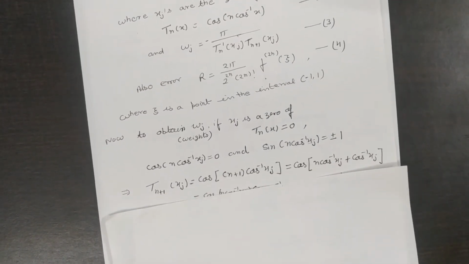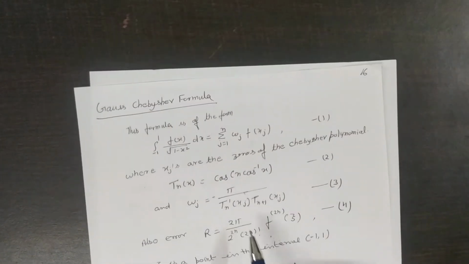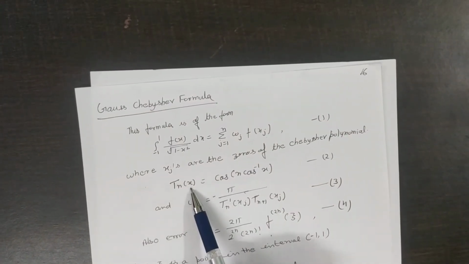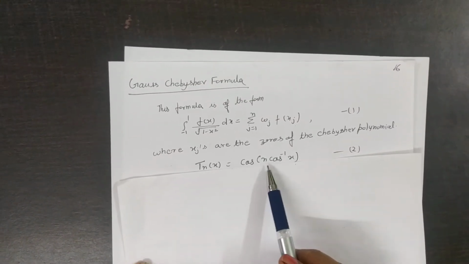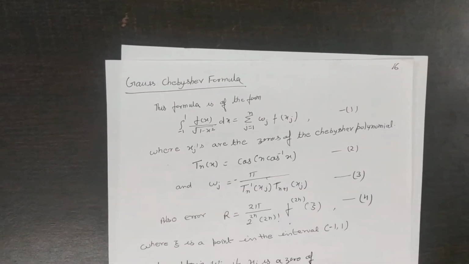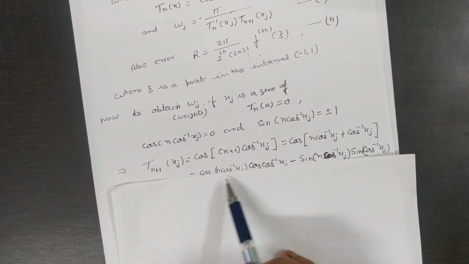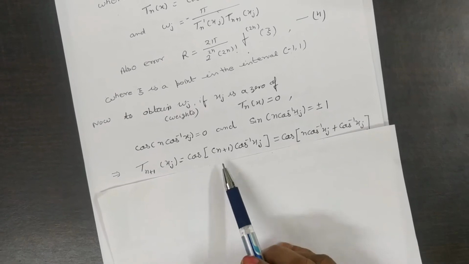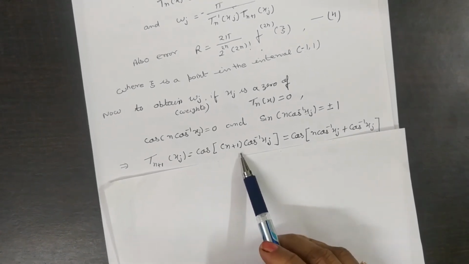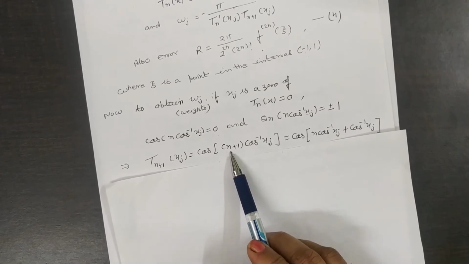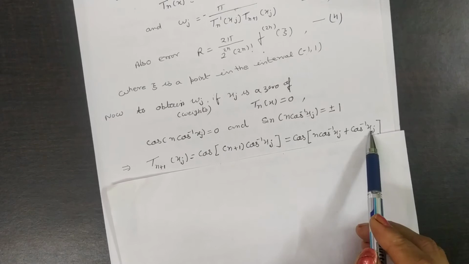Now Tn plus 1, substituting here, means cos of n plus 1 of this, which can again be written as n cos inverse xj plus cos inverse xj.